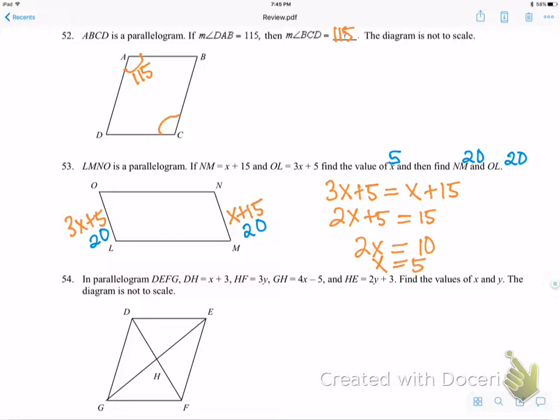Now number 54, it says that DH is x plus 3, and it says that HF is 3y. It also says that GH is 4x minus 5, and HE is 2y plus 3.